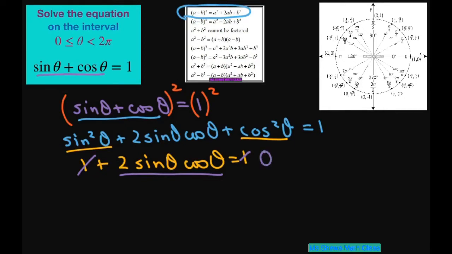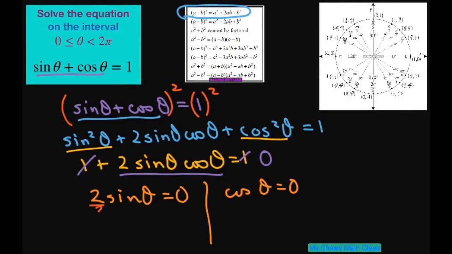Now, all you have to do is set both of these pieces, 2 sine of theta equals 0 and cosine theta equals 0, and solve accordingly. If you divide both sides by 2 here, we just get sine of theta equals 0.